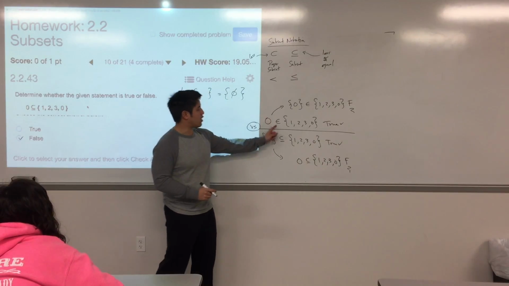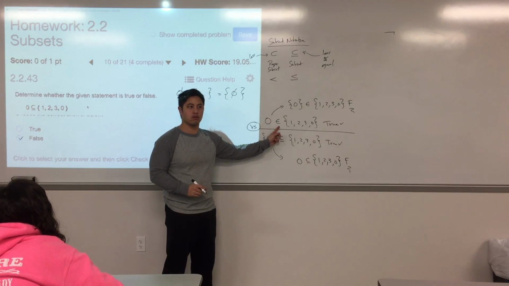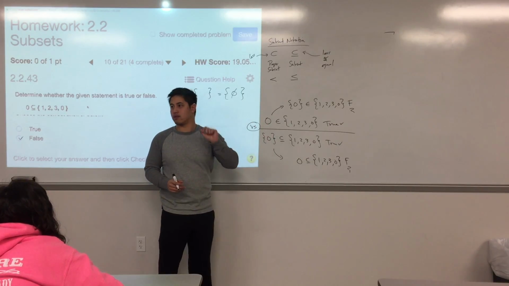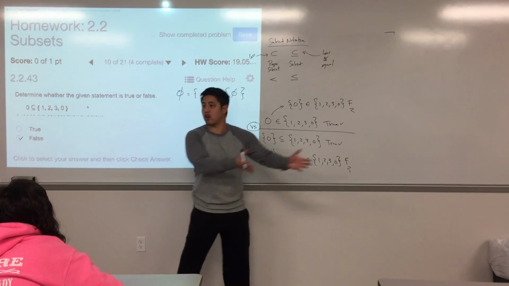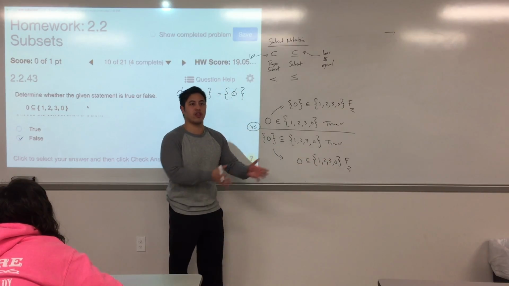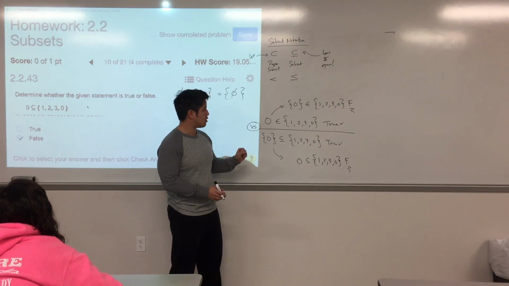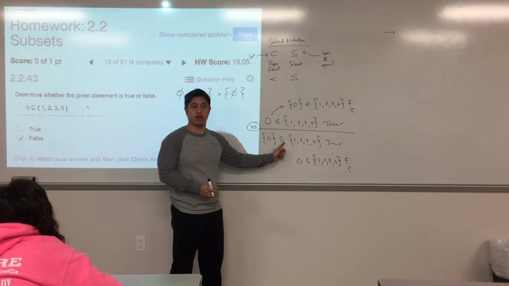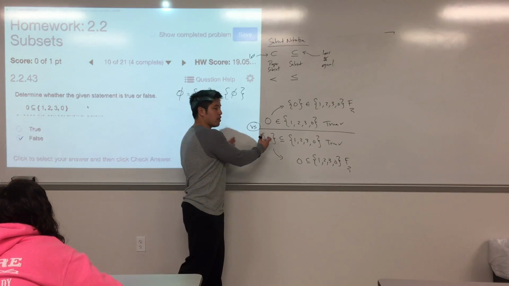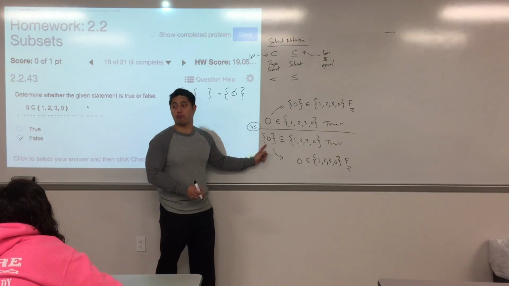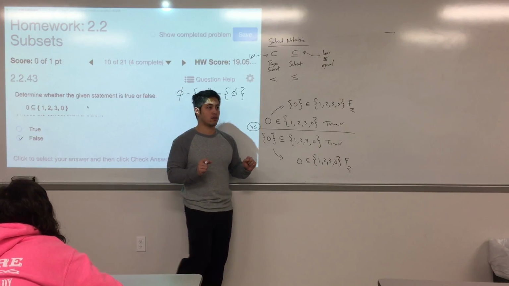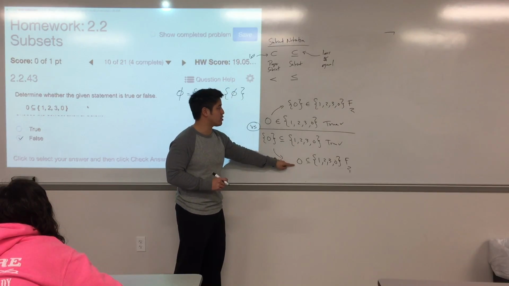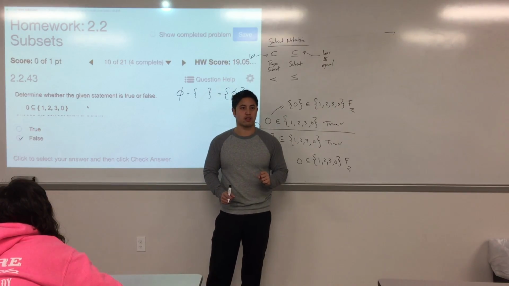If you see an element symbol, the items on the left have to have no braces to get off the ground, to even start thinking about whether it's true or false. Over here, if you're talking subset notation, the element or set on the left better have braces around it to start talking. Does that make sense? If either of those aren't happening like you see in these examples, you can immediately jump to the conclusion that it's false.